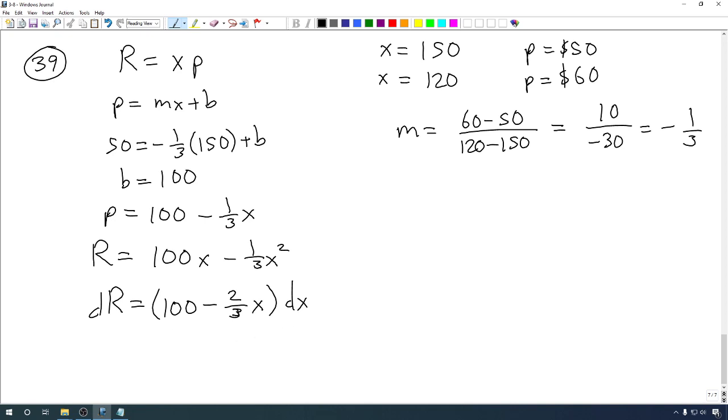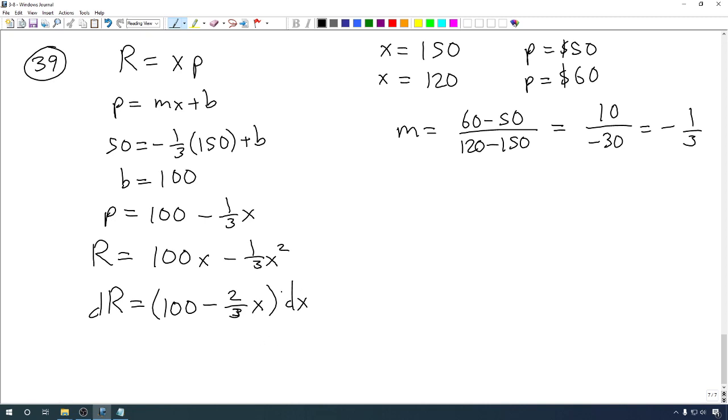And so what they're asking for, let me repeat their question. Find the revenue r as a function of x, which we just did, and approximate the change in revenue for a 1 unit increase in sales when X is 141. So they're saying, assume that X is 141 and that we change our sales by 1 unit.